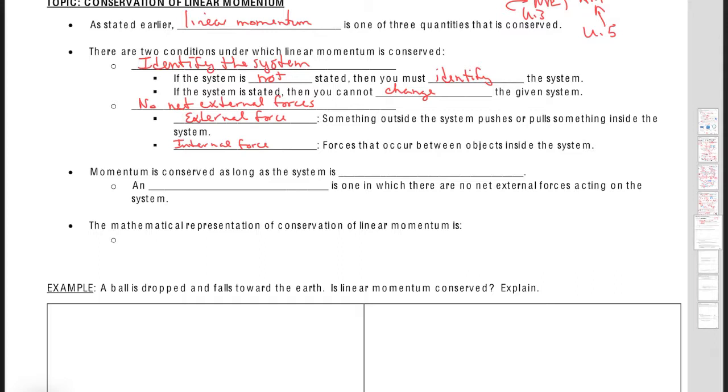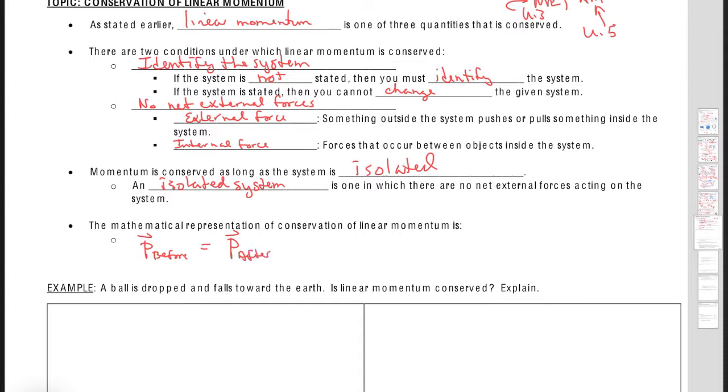Momentum is conserved as long as the system is isolated. An isolated system is one in which there are no net external forces acting on that system. The mathematical representation of conservation of momentum is P before equals P after.